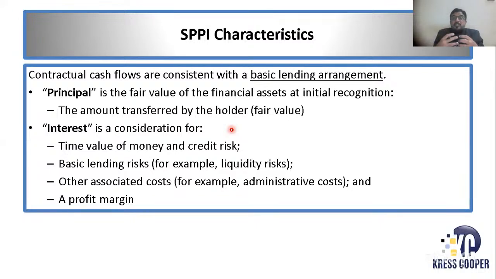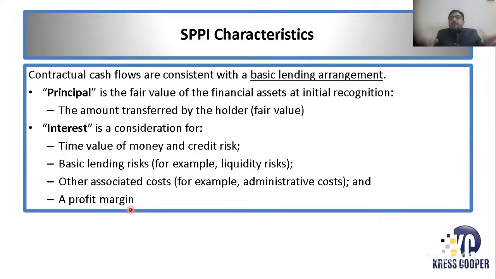Risks associated to the lender are the credit risks, that the borrower might not be able to repay the money, or the lender would not be able to collect the amount advanced. And other associated costs, for example, administrative expenses and the profit margin.